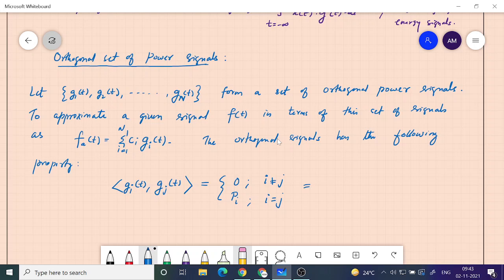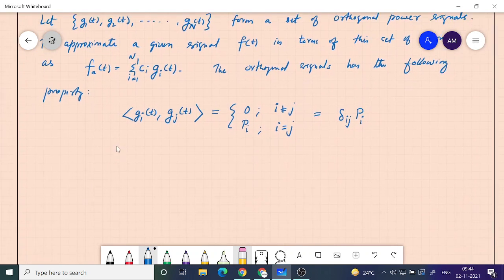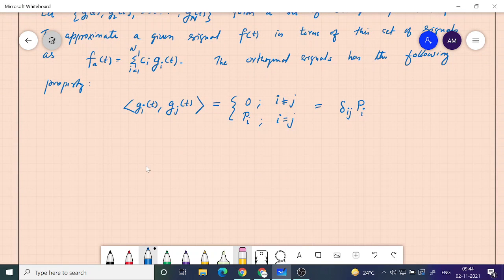You can express this using a simplified notation called Kronecker delta notation, written as delta ij pi. So this is the definition of the orthogonal set.